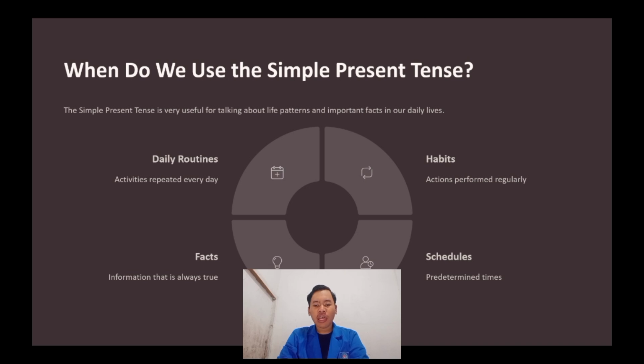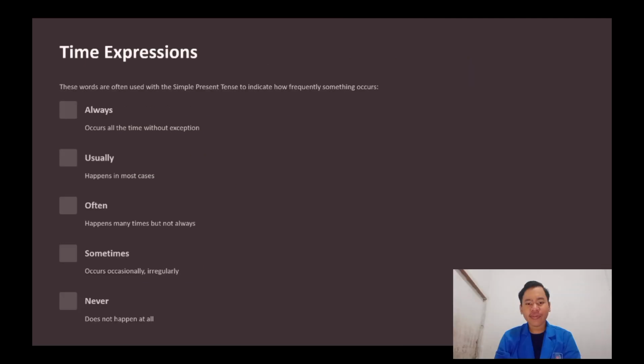Example, water boils at 100 degrees Celsius. Fixed schedules or timetable, especially for transport or events. Example, the train leaves at 7 a.m. So, when something happens repeatedly or is always true, we use the simple present tense.